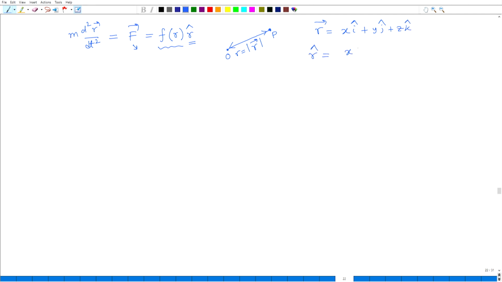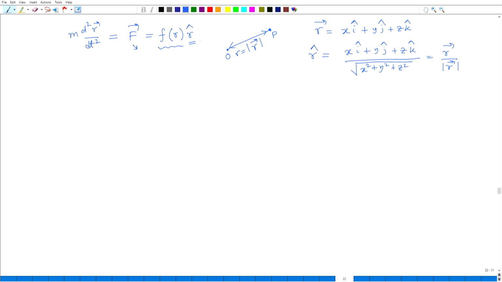This is nothing but x i cap plus y j cap plus z k cap divided by root x square plus y square plus z square. That means the whole vector is divided by its modulus, so r cap is r vector by modulus of r vector.